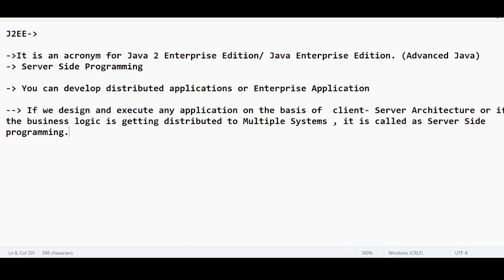Or you can call it a distributed application or enterprise application.